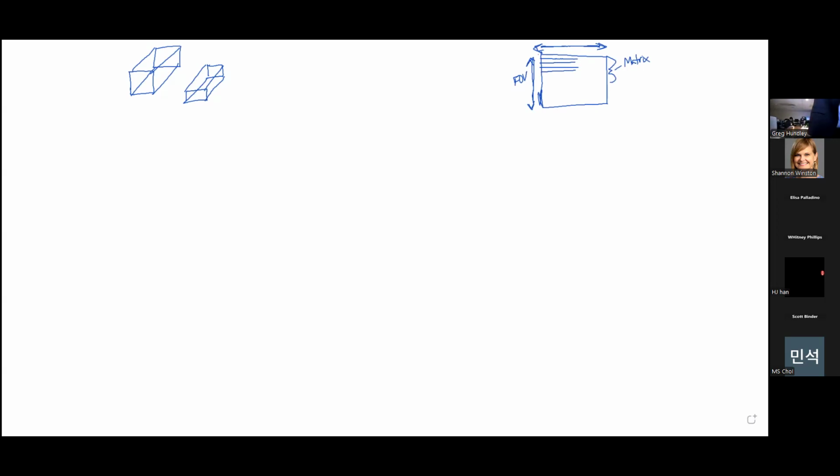Now, if we have our lines going that way and our lines coming down this way, then we have these little blocks, and in there are the protons.